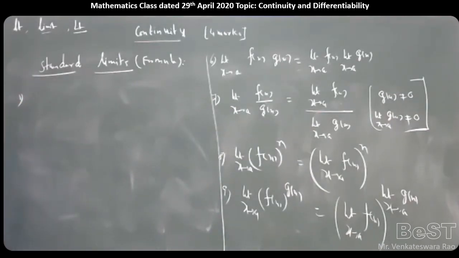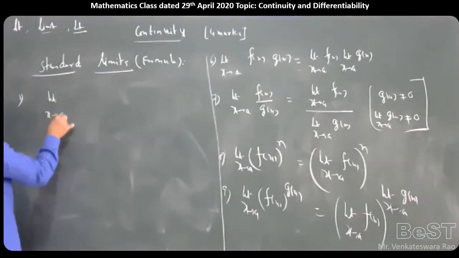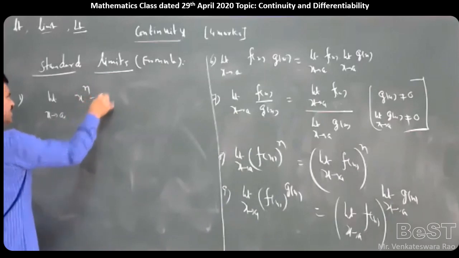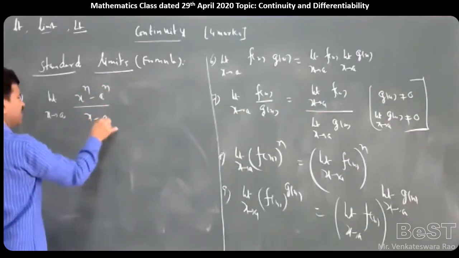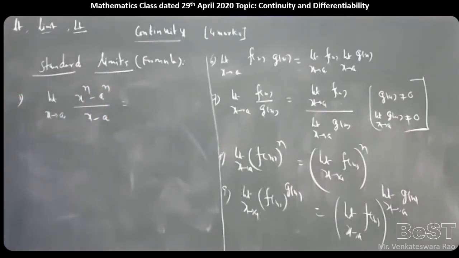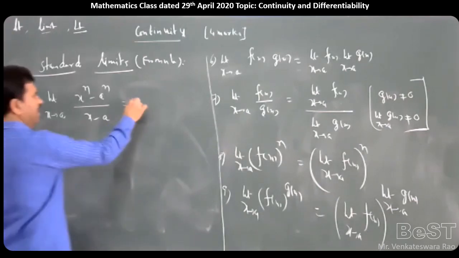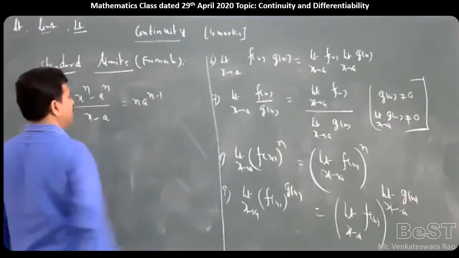Important theorem. First one: limit of x tends to a, x power n minus a power n by x minus a. What is the answer? n into a power n minus 1.